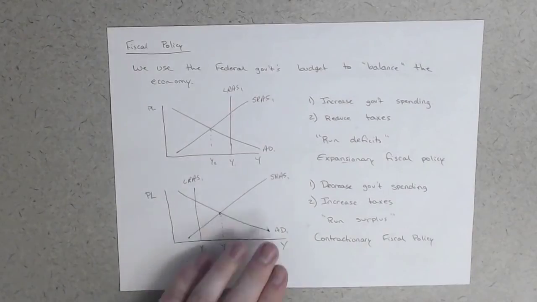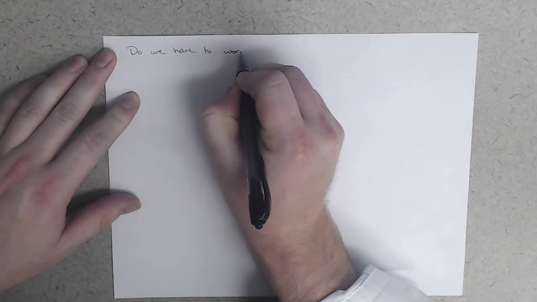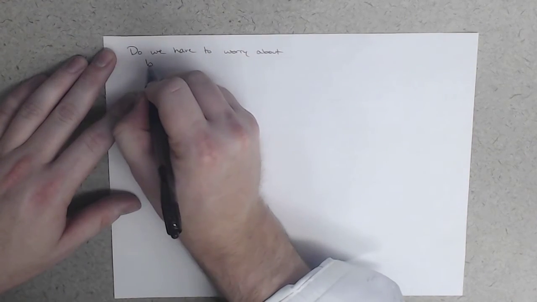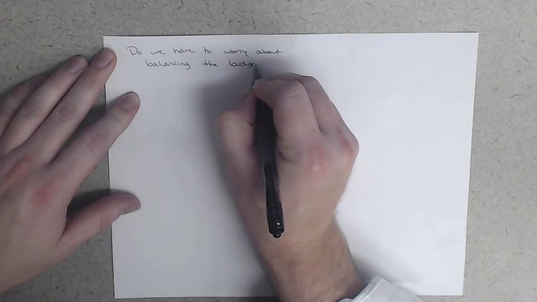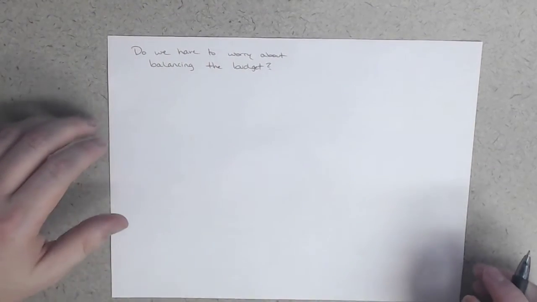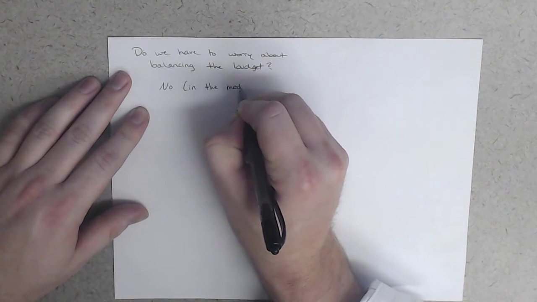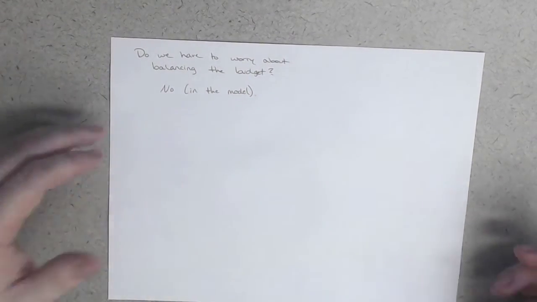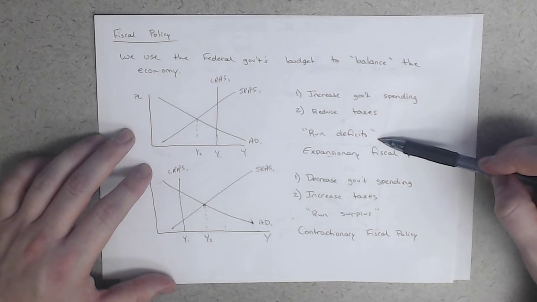An interesting question that lots of scholars ask all the time is: do we have to worry about balancing the budget? In this model, the answer is no. The reason is that during the good times, during the boom periods, we'll run a surplus, and during the bad times, we'll spend that surplus.